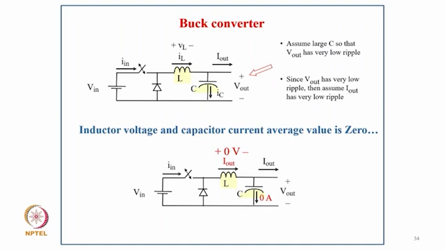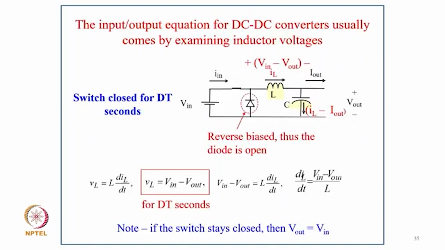So the inductor average voltage and capacitor average current are 0. Typically, in ideal conditions, the average current in the capacitor is 0, and the average voltage across the inductor is 0, if we neglect of course the inductor resistance and the capacitor's equivalent series resistance, ESR.